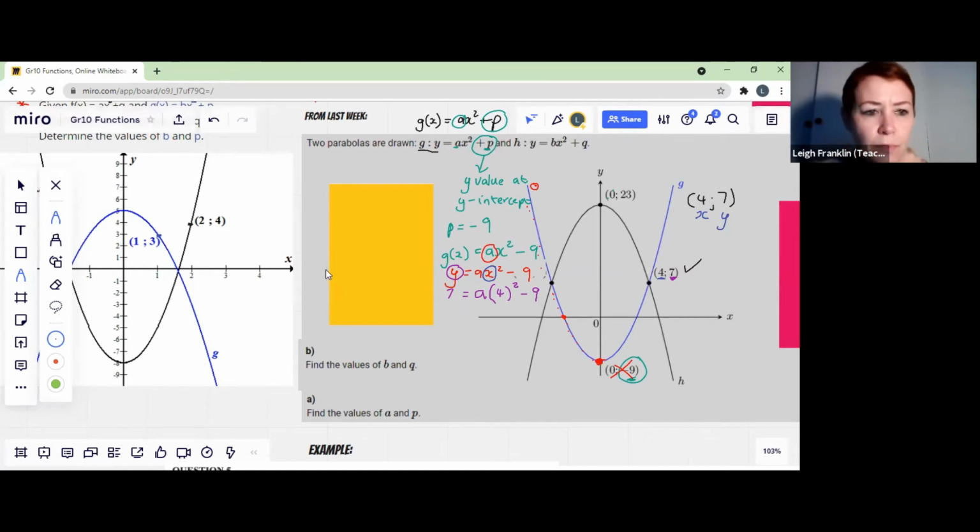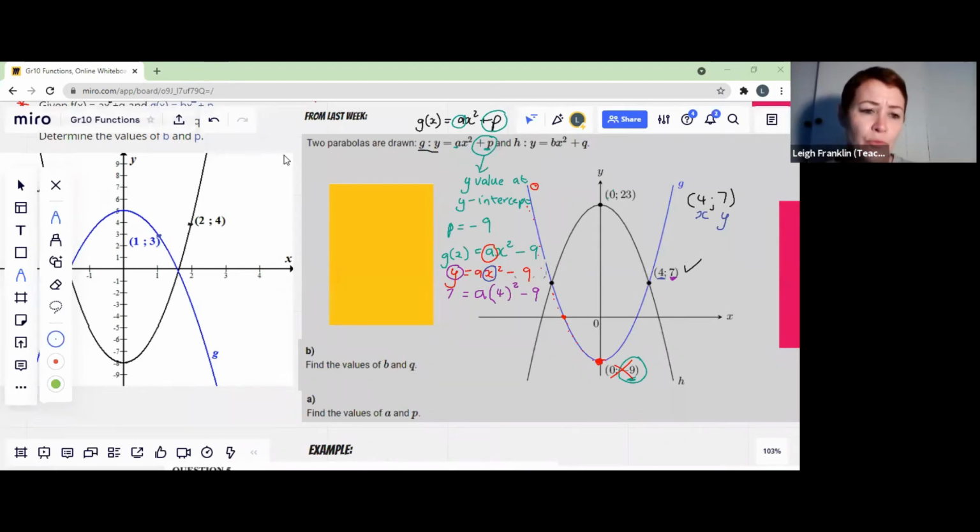So, let me have a look who I haven't called on yet this lesson. Ria Betswe, if I may call on you, and if you don't know, that's fine, it's not a problem, but do you know what we need to do with the a and the 4 that's in brackets and the square?